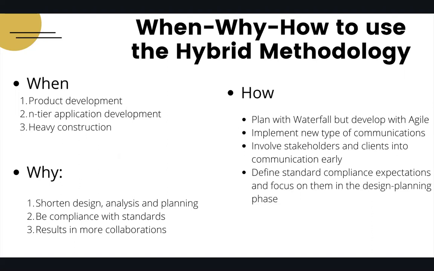And when it comes to why you would use this hybrid methodology, it helps you to shorten the design, analysis and planning phase, be compliant with the standards, and results in more collaboration than waterfall.